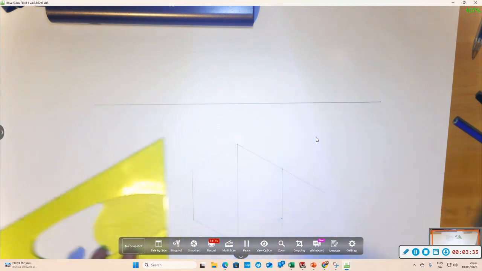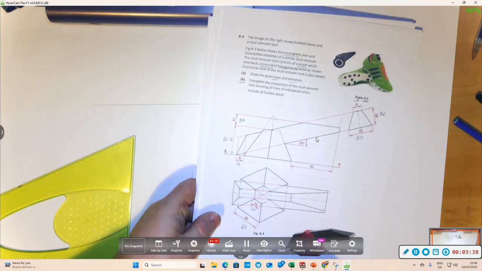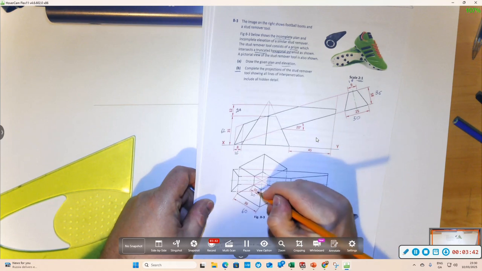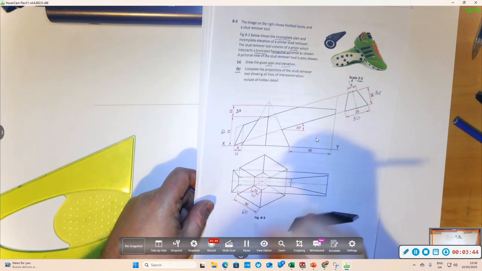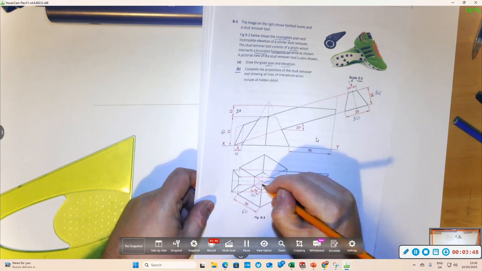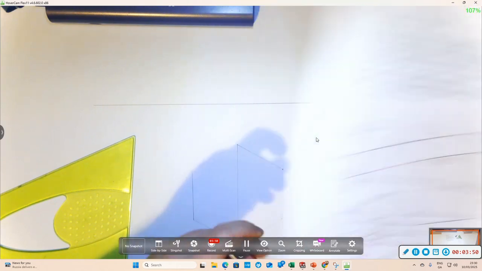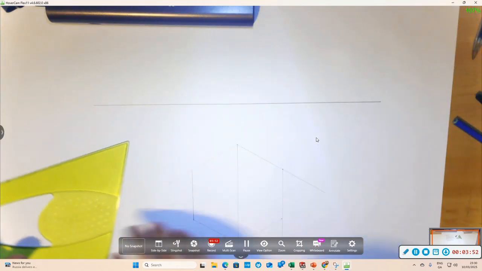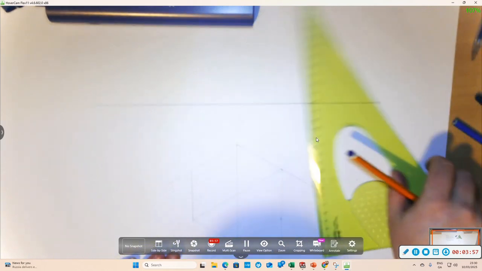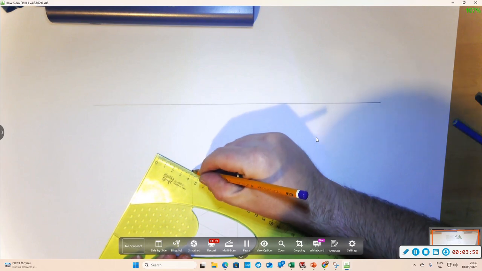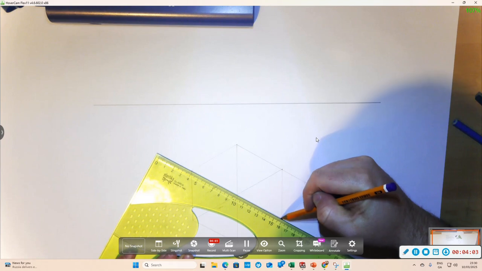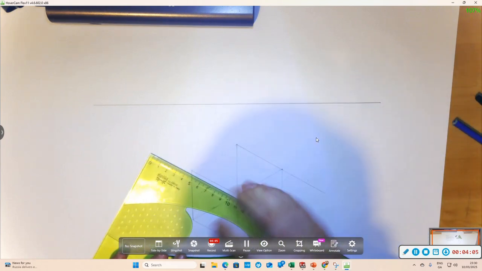I know it's quite light there, so we've the outer one done, then we'll do the inner one. So this will be 20 as well, scale 2:1, because a hexagon is made up of 6 equilateral triangles. Now to find the middle, we can join the vertices. There's my middle.